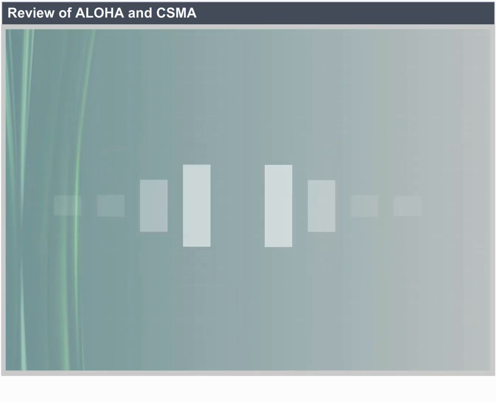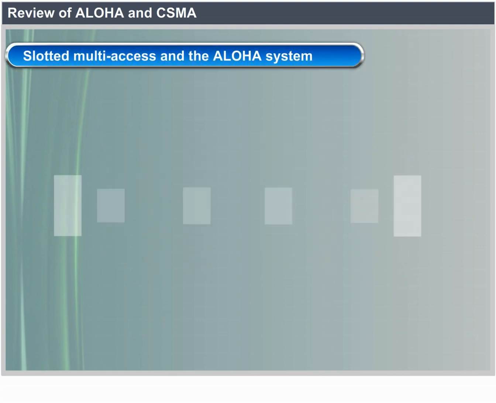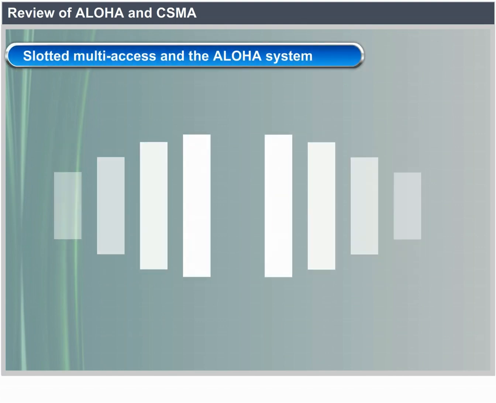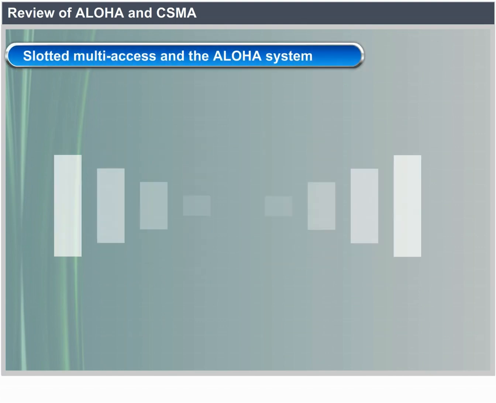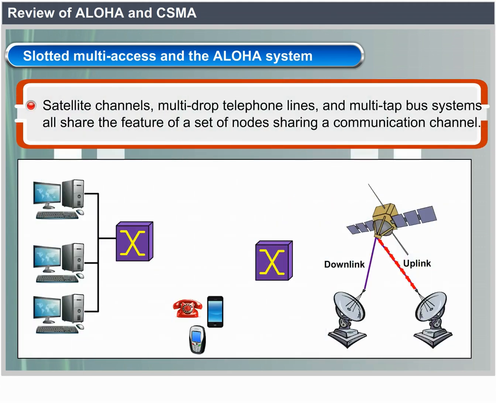Review of ALOHA and CSMA. Slotted multi-access and the ALOHA system. Satellite channels, multi-drop telephone lines, and multi-tap bus systems all share the feature of a set of nodes sharing a communication channel.